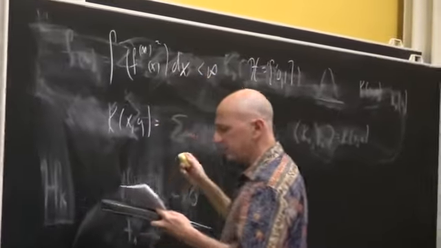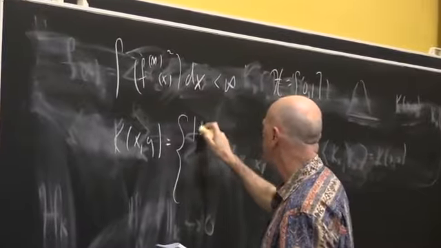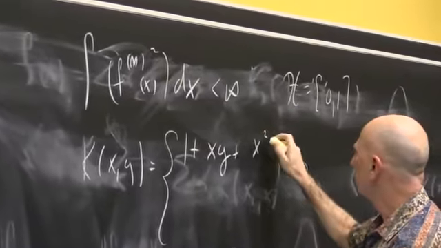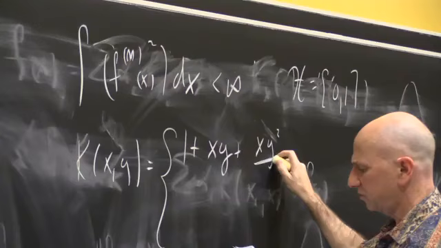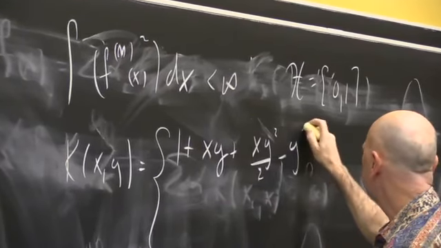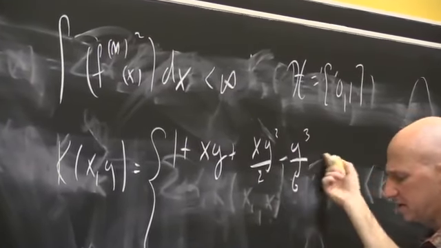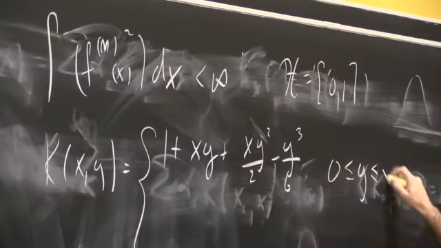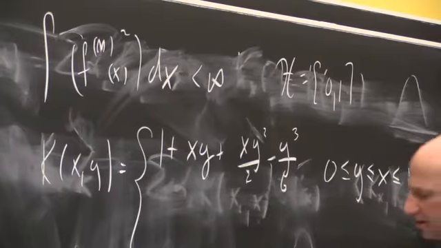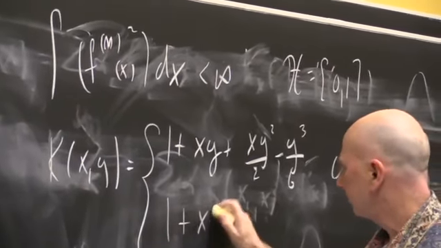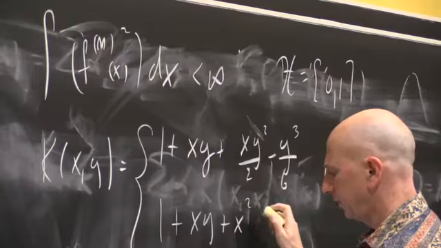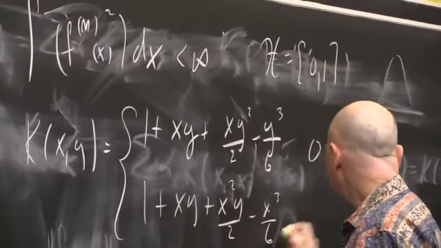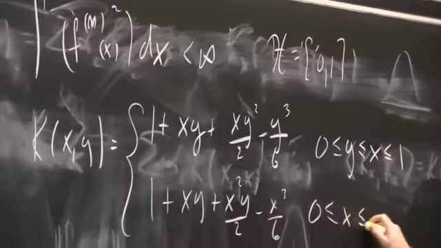and this is on page 13, here it is. It's 1 plus xy plus xy squared minus y cubed over 6 when y is less than x, and then the symmetric form when x is less than y.